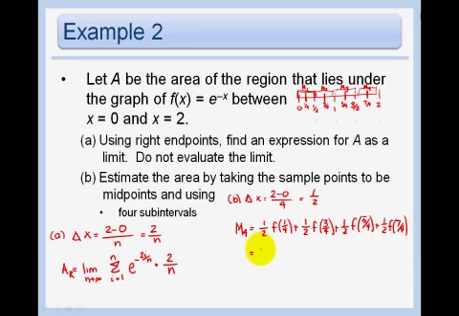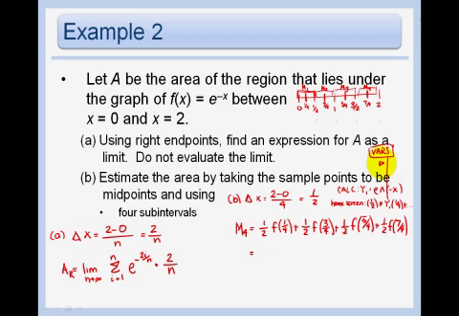And then I just put it in my calculator, really. I would just put all this. I would go y1 equals e to the negative x. And then on the home screen, I would do 1/2 times y1 of 1/4 plus... all along, remember, by now, Vars.